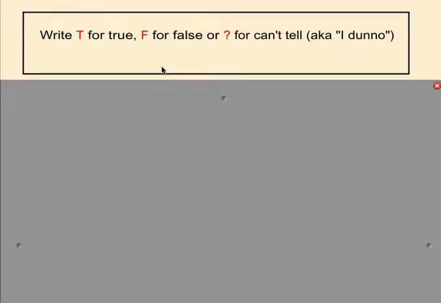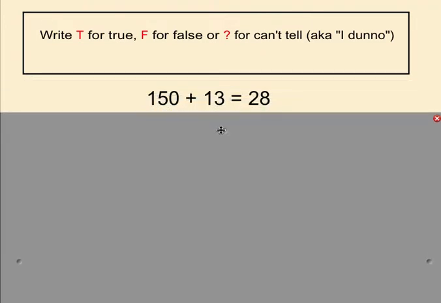We're going to write T for true, F for false, or question mark for can't tell, or I don't know. 150 plus 13 is equal to 28. Sometimes you're going to have to do some math first. I know that 150 plus 13 is equal to 163. And I can do the math right by my number sentence, and then I'm just going to rewrite it. And I know that 163 is not equal to 28, so that is a false number sentence.